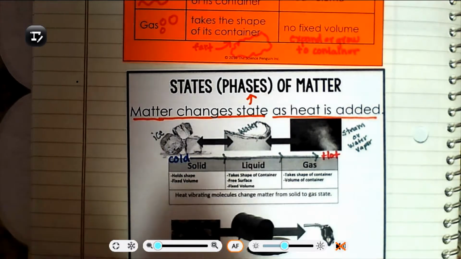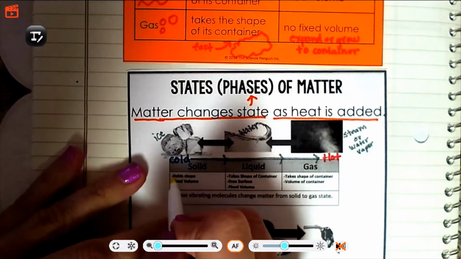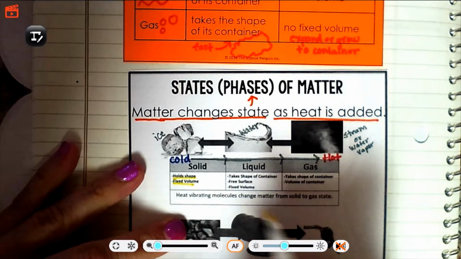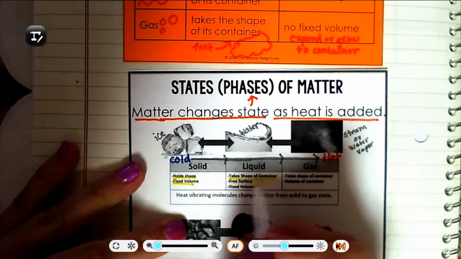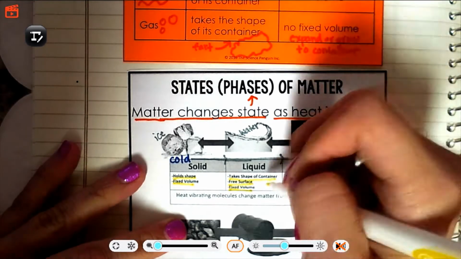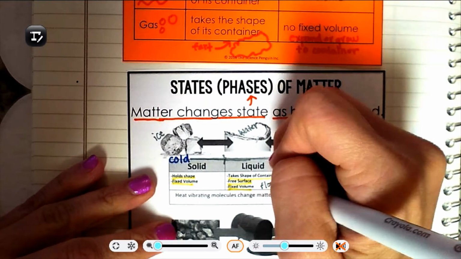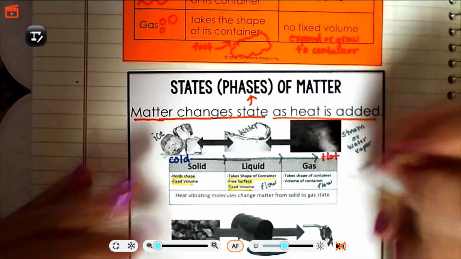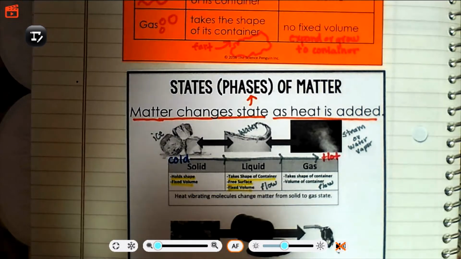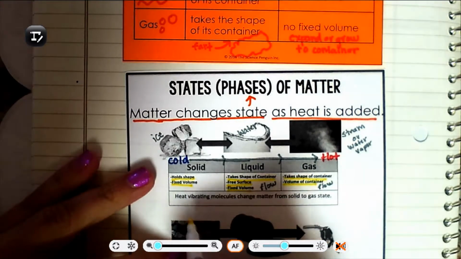Okay, so again, a summary going on right here. Things we want to remember is that solids hold their shape and they have a fixed volume. Liquids take the shape of their container. Free surface, that's not important. Fixed volume, and that they can flow. Both of these two can flow. So gases take the shape of their container and the volume of their container.